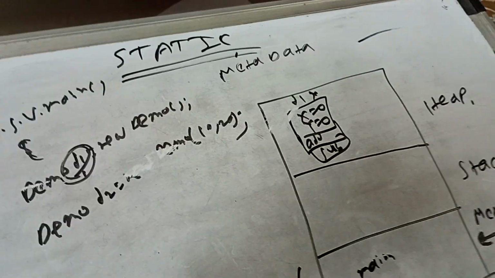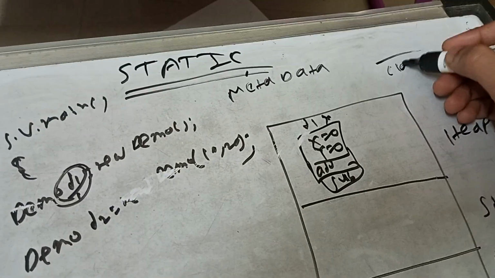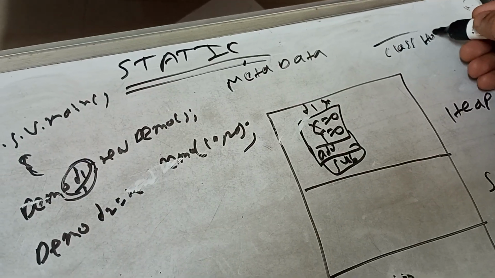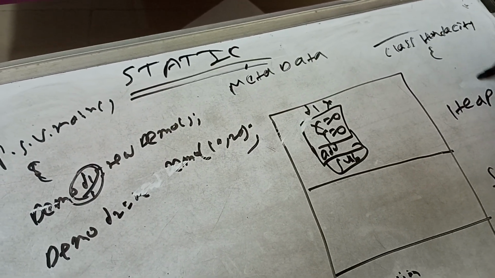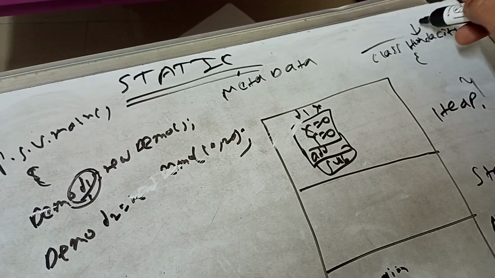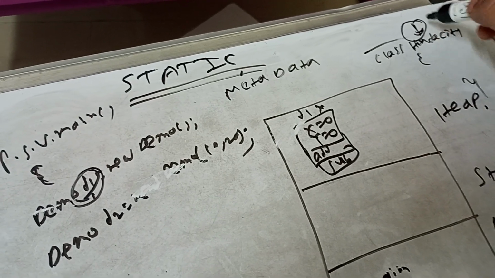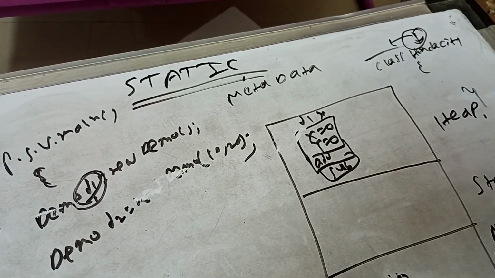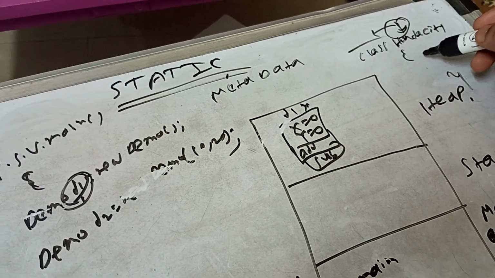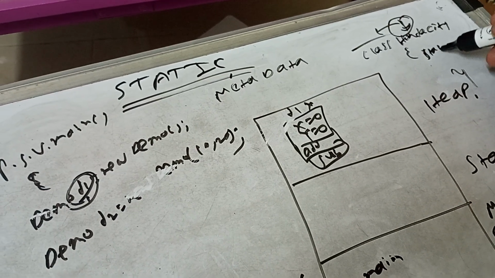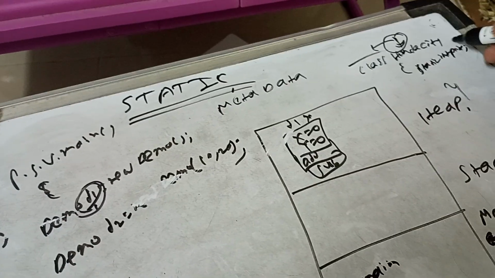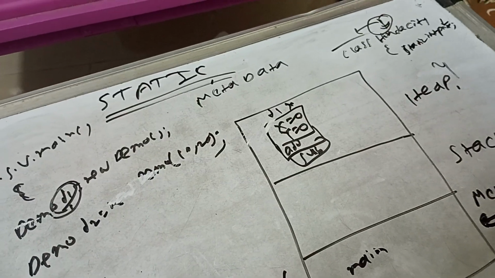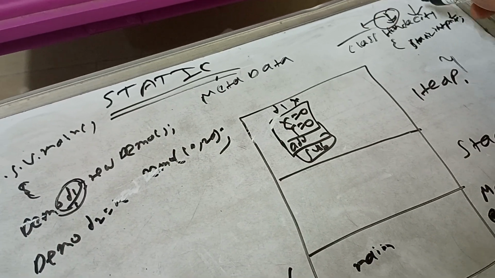Let's say we have a class, Honda City, a class of a car company. When I write static int price, the price belongs to Honda City, meaning the price belongs to that class.